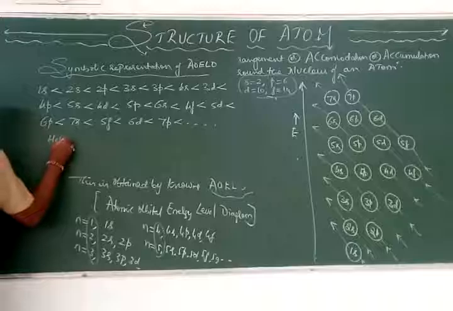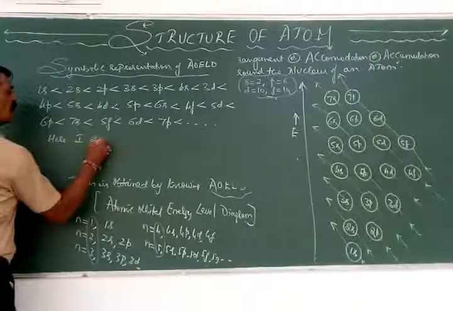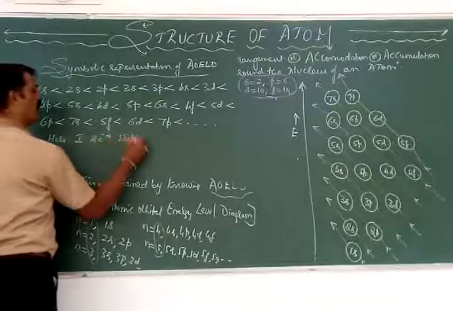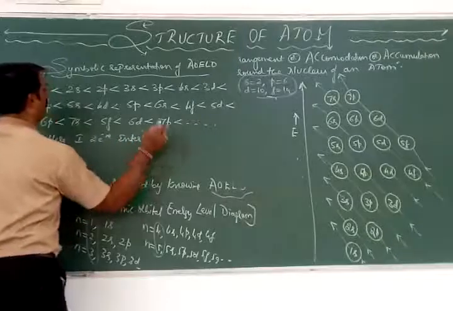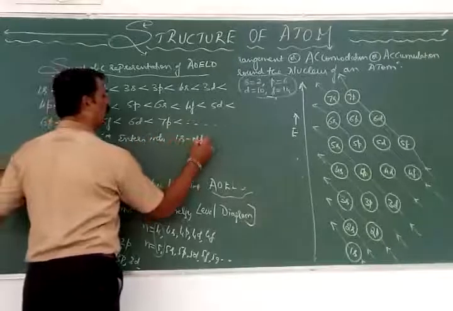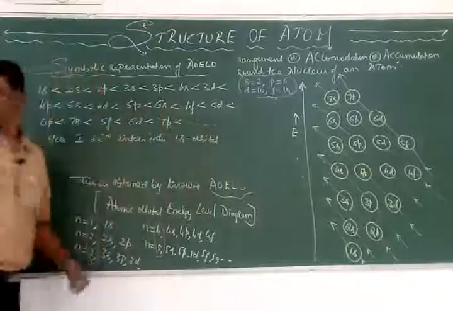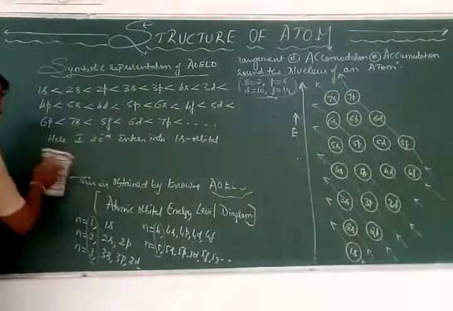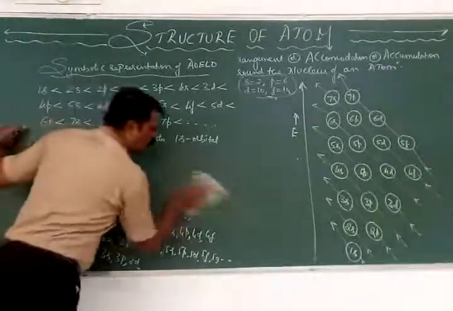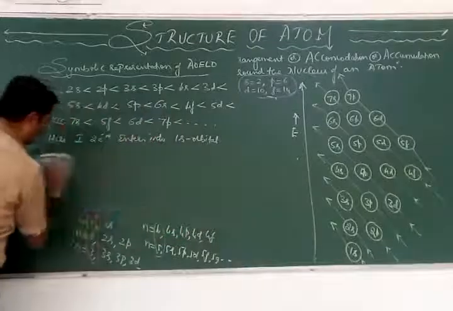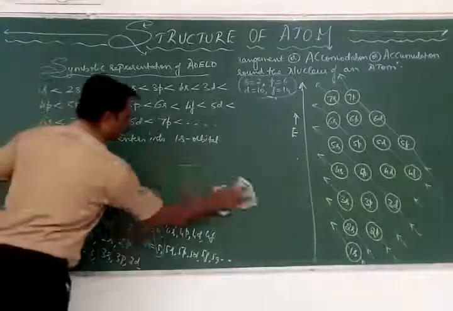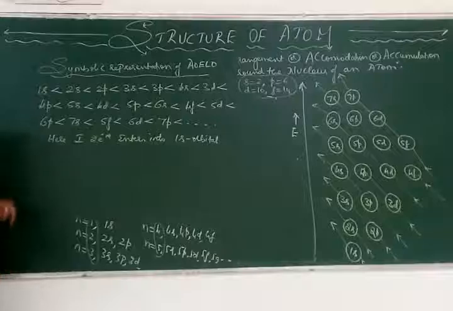Here the first 2 electrons enter into which orbital? The 1s orbital. Why? Because s can accommodate how many electrons? Only 2 electrons. So the first 2 electrons always enter the 1s.